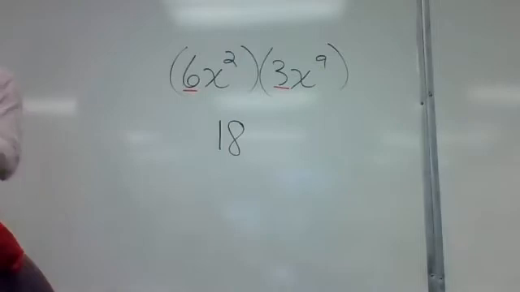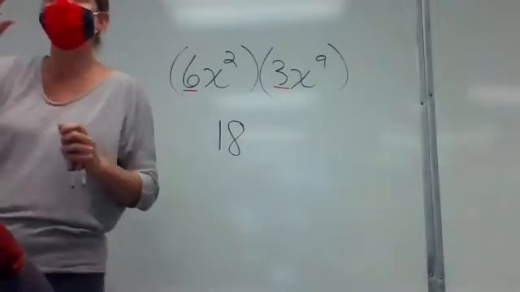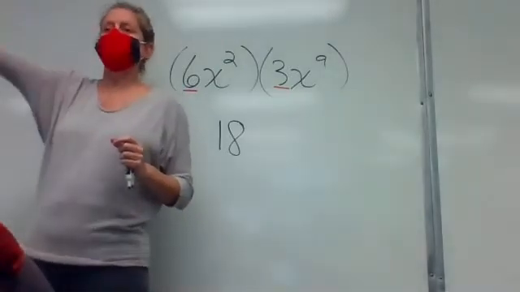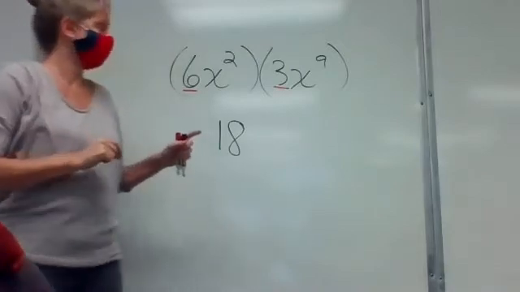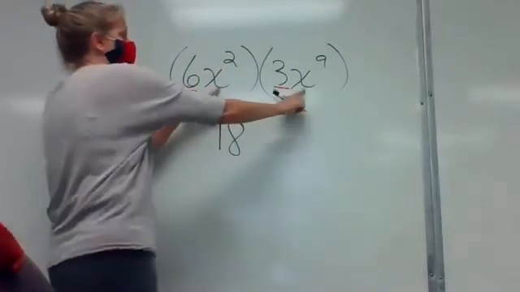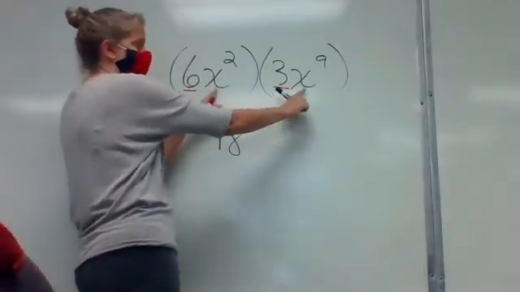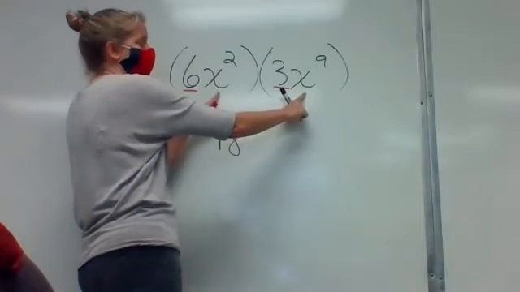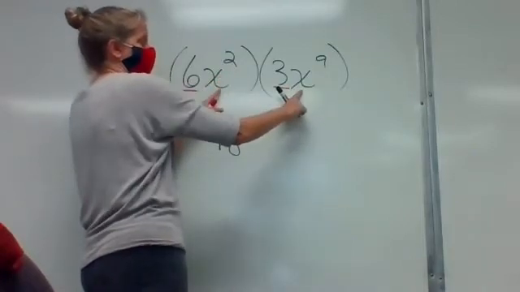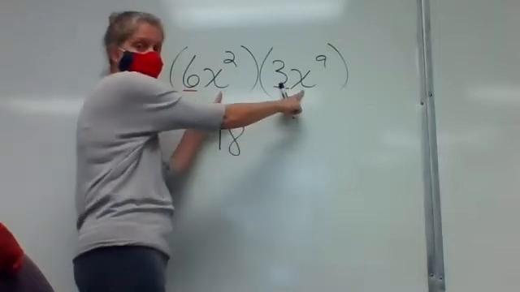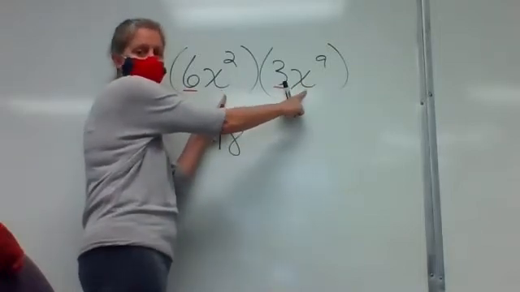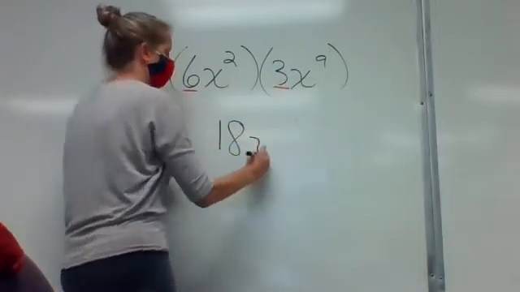When do you multiply the exponents? On those last 2 problems. So what do you do when you're multiplying the same bases? What does that exponent rule tell me to do with my exponents? If I'm multiplying the same bases, which is what I'm doing, x times x, I'll add their exponents together.